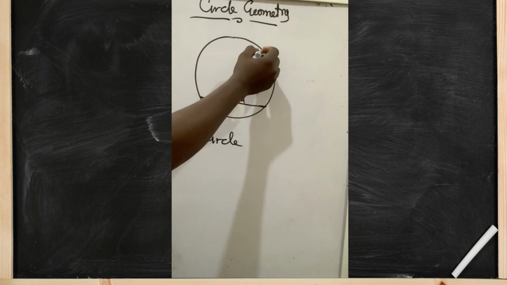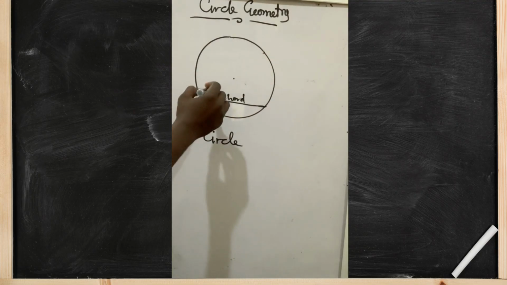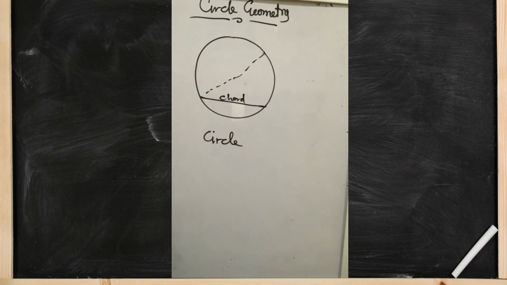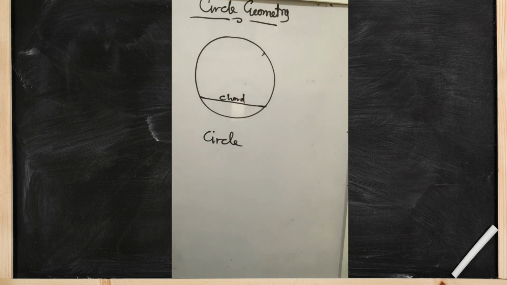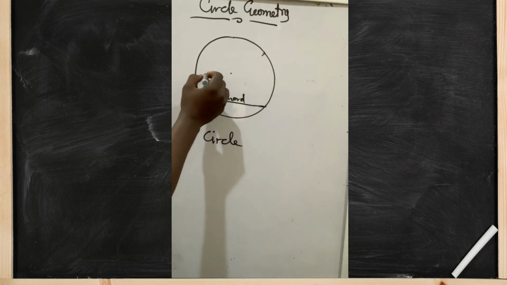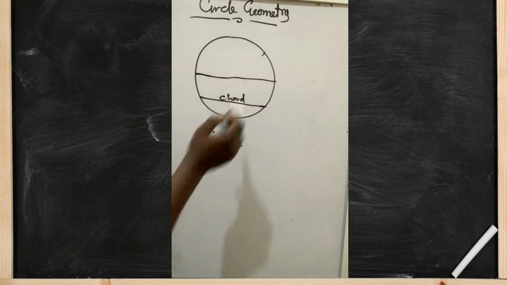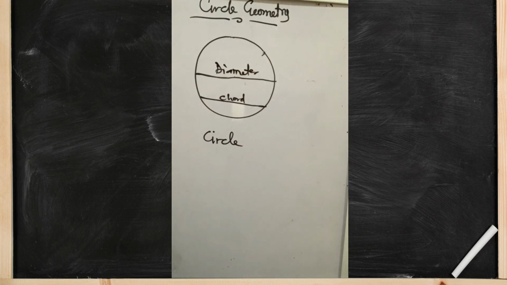When the chord divides the circle into two equal parts, something like this, or preferably, in order not to create any confusion and to ensure that we are on the same page, since we've agreed this is the center, when it divides the circle into two equal parts like this, it is called a diameter.